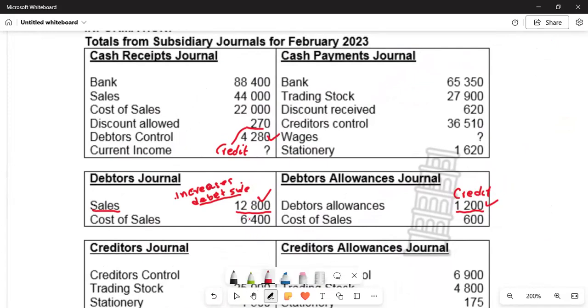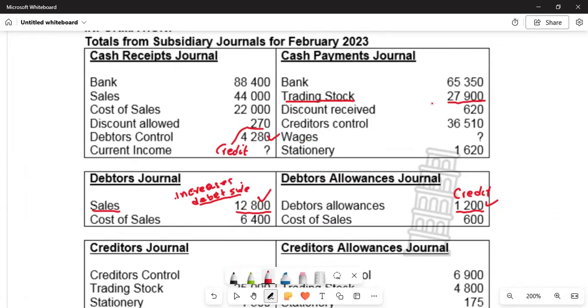So first we are going to look at our bank, from the cash payment journal. Stock purchased for cash increases stock on the trading stock. So let us go to the cash payment journal. We can see here is our trading stock, which is 27,900.